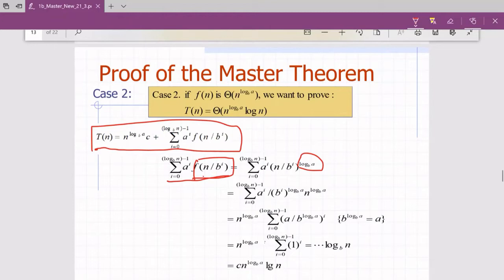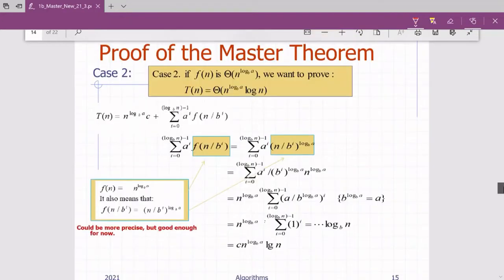So I have some detailed slides for you. Let's say if f(n) equals n^(log_b a), it also means that f(n over b^i) equals n over b^i to the log_b a.